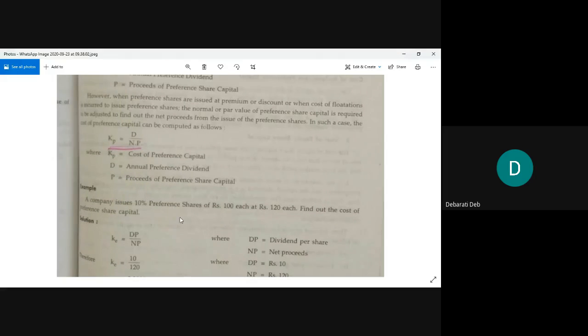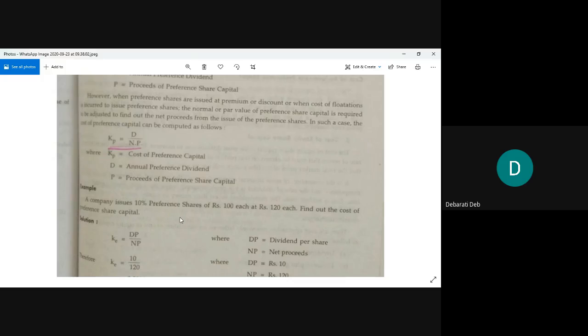See, the question is, no need to write the question, you can write it later on also. A company issues 10% preference shares of rupees 100 each at rupees 120 each. So it means 100 rupees is the par value of the preference shares. It has been issued at 10%, that means 10% is the dividend amount.